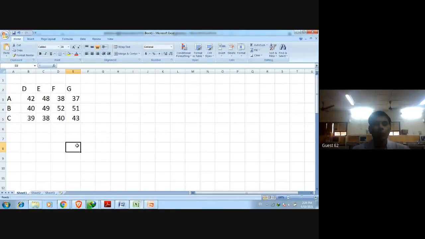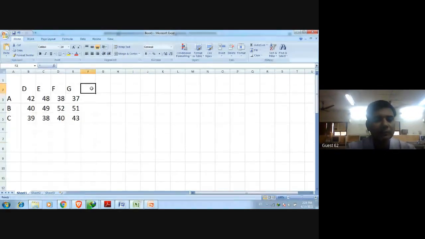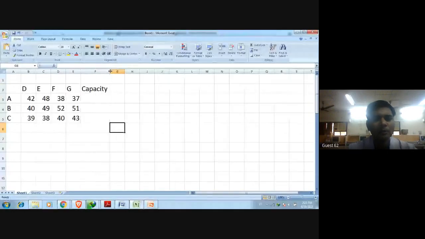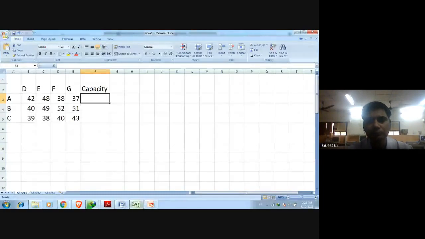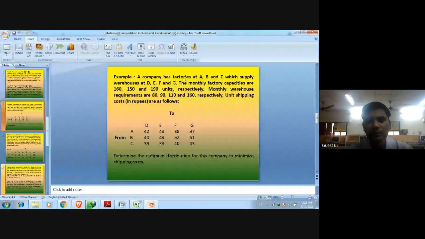And what are the requirements and capacity? So write down the capacity of the different factories. This is the capacity. So capacity for factory A, how much? A company has factories at A, B, and C, which supply warehouses at these places.